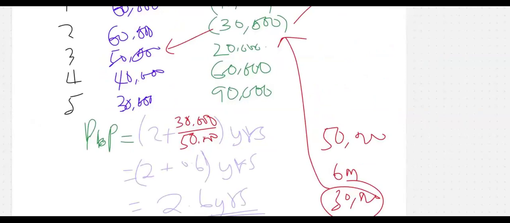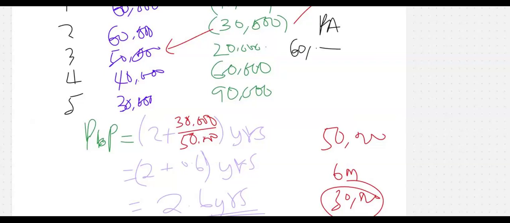And if you could remember, when we did project A, in year 3 we got 0 because there was a cash flow of 60,000. There was an inflow of 60,000.